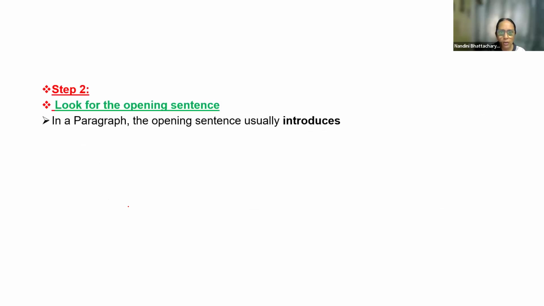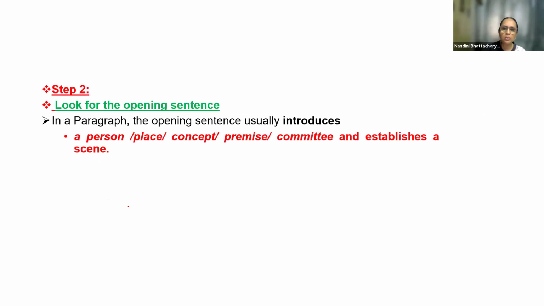Now if we are going to figure out an opening sentence, what are we looking at? What should an introductory sentence do? It should introduce a concept, or maybe the second sentence is talking about the person, then it should introduce a person, a premise, concept, or whatever the theme is. It should introduce the theme, right?